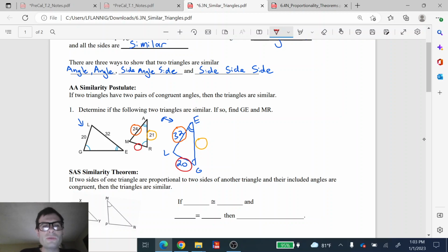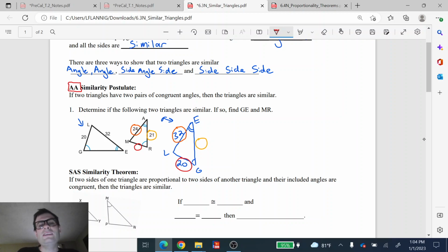What we have to do is figure out if these are first similar, and if they are, how can we find those missing sides? First thing we can do is really easy, and it determines if it's similar or not. Well, we just talked about if 2 angles in a triangle match, they are automatically similar no matter what. These triangles are similar, so those are already guaranteed.